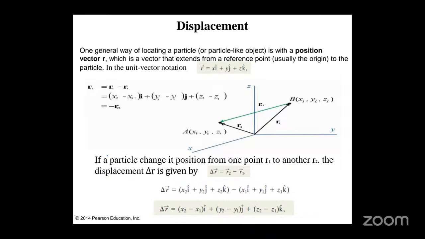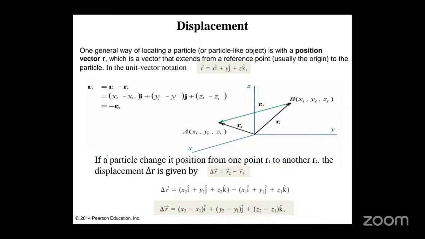So this will bring us to 3 dimensions. If I have an object or a particle in space, I can only define that particle in terms of the X, Y, and Z axis or components.